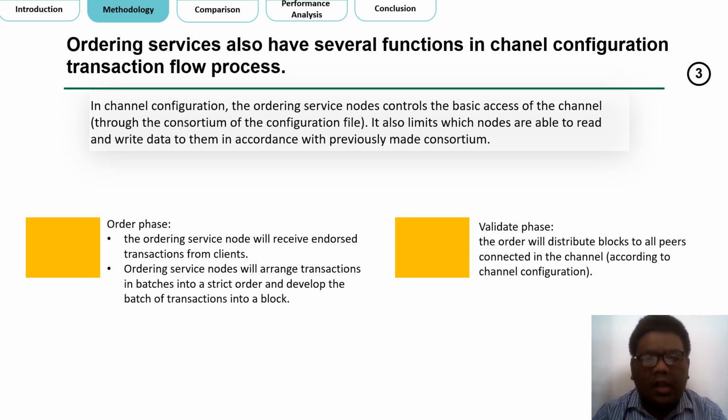Because transactions in a block are in strict order, all successfully validated transactions will not be discarded and will not become ledger forks. Plus, in the validate phase, the orderer distributes the blocks to all peers connected in a channel, according to the channel configuration.